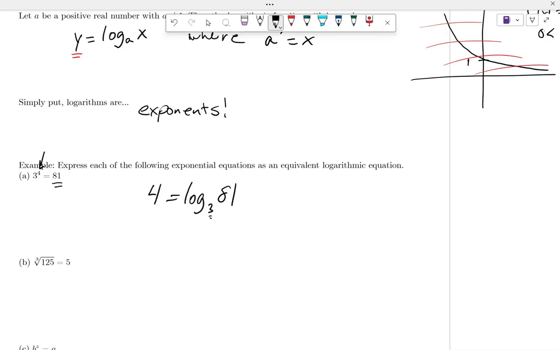What power on 3 gives me 81? I'm looking for an exponent. What exponent on 3 gives me 81? Or 3 to what power is 81? And it happens to be 4. That's good.